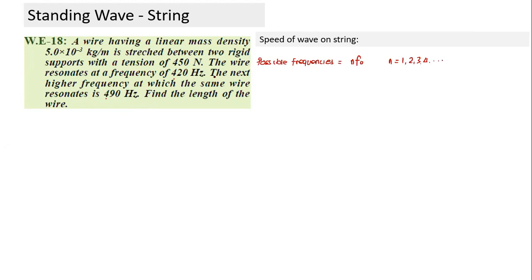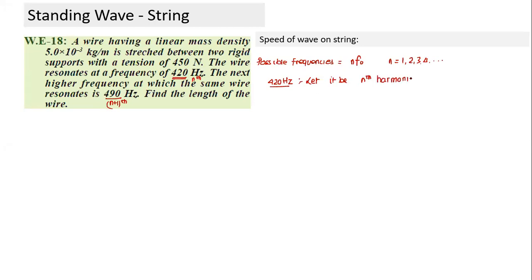So when they say next higher, let's say the first one, 420 hertz, is the nth harmonic. Then the next higher frequency has to be the n plus 1th harmonic.